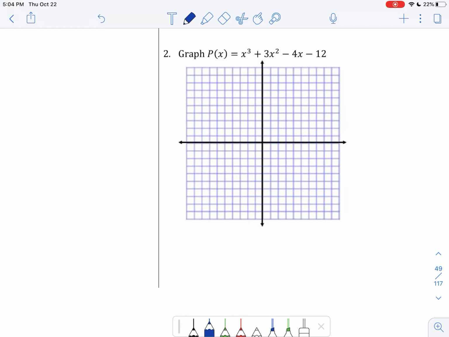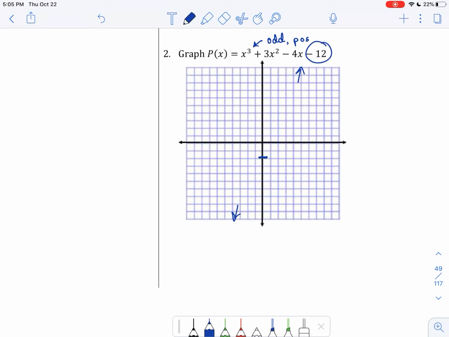Looking at number 2, again, the degree and the sign, we just look at this first term. This is an odd, and it's positive. So our endpoints are going to be one pointing this way, one pointing up, like so. And our y-intercept, it does have a constant here, which is negative 12, which means I want to do a little adjusting with the scale since it only goes to 10.